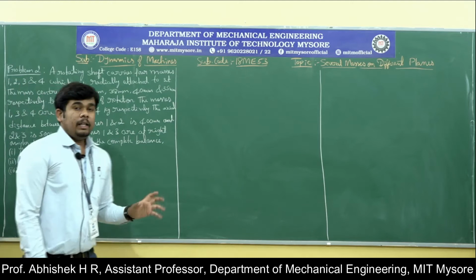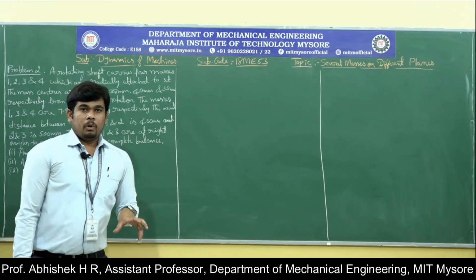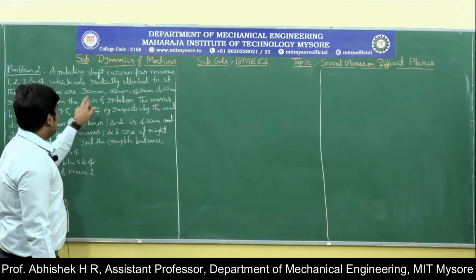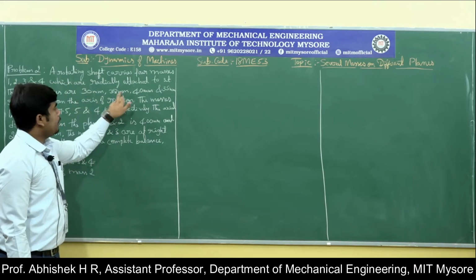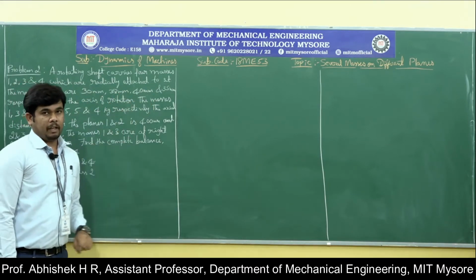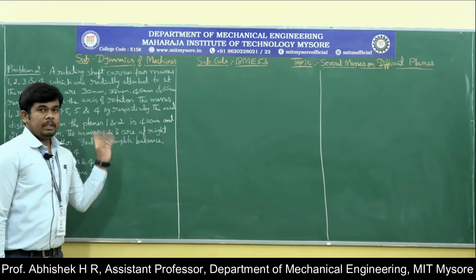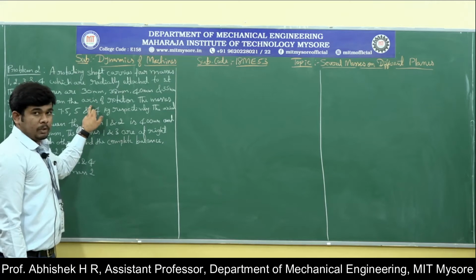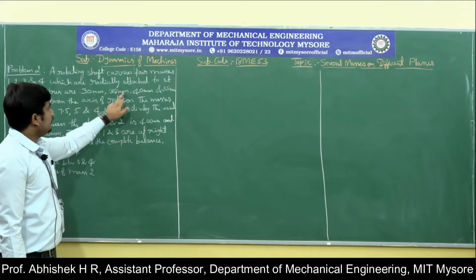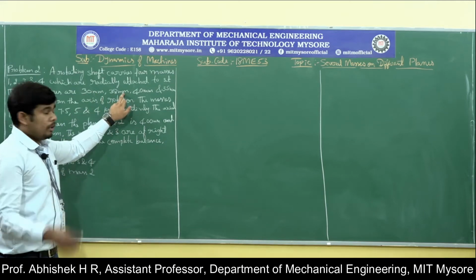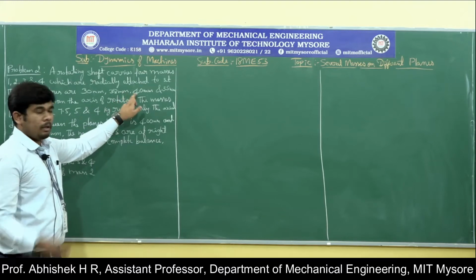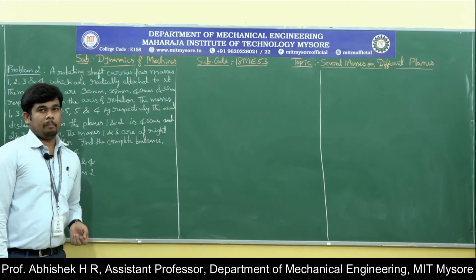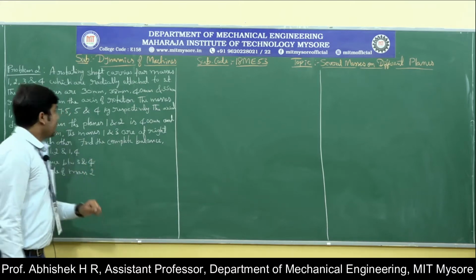So, these are the radii of rotation of all 4 different planes. If we have 4 masses, we have 4 planes. So the radius of rotation is 30 mm for plane 1, 38 mm for plane 2, 40 mm for plane 3 and 35 mm for plane 4.